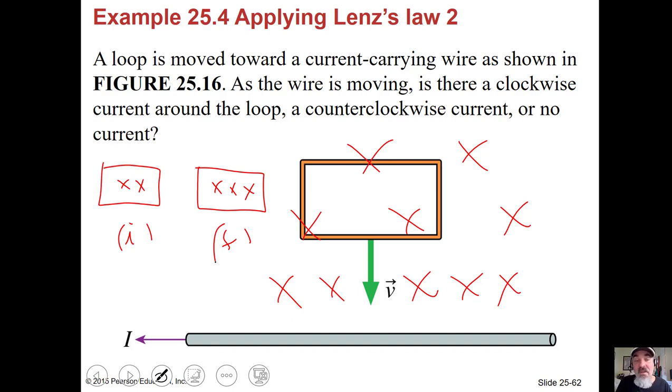So which way is current going to flow? Okay, well you got a 50-50 chance. If it flows clockwise inside the loop, its own magnetic field would be into the page. That would actually make it worse. So it's going to have to flow counterclockwise. And then its own magnetic field would be out at us, killing off that increase. So as this loop drops towards the other wire, we have counterclockwise flow.